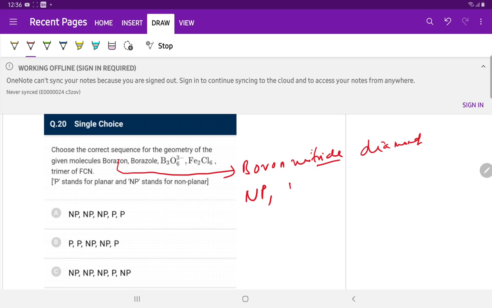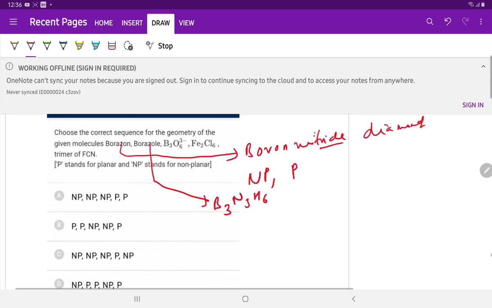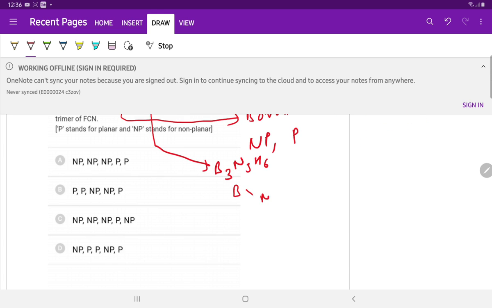Borazole, B3N3H6, is inorganic benzene, which is planar and aromatic in character.